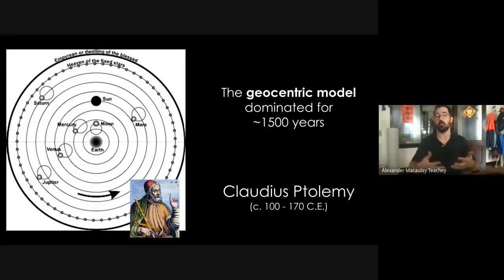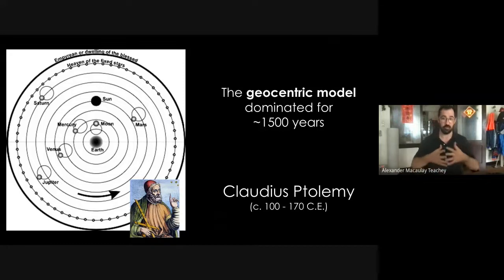We had this thing called the geocentric model, which means that the Earth, rather than the sun, sat in the middle of everything, and not just the planets, but the moon and the sun even all were going around the Earth. And this model is generally associated with this fellow here named Claudius Ptolemy, a Roman mathematician and astronomer.